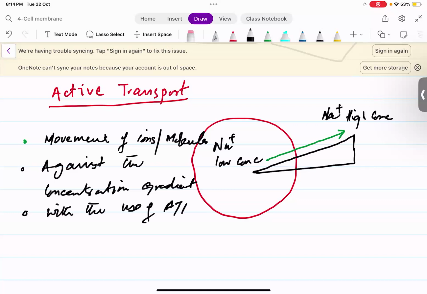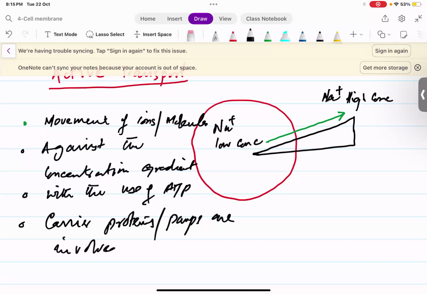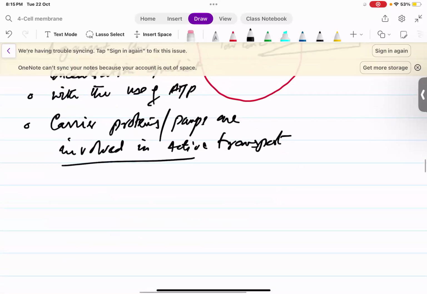And carrier proteins are involved in it. Carrier proteins may also be known as pumps. So let's see how carrier proteins or sodium potassium pumps are involved in an active transport.